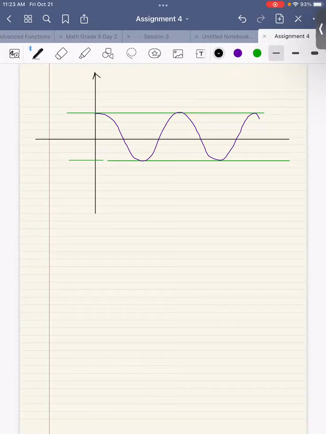What is the first x-intercept? Pi over 2, right? The minimum here, -1, is at pi. And here is 3 pi over 2. And then the next maximum would be 2 pi.